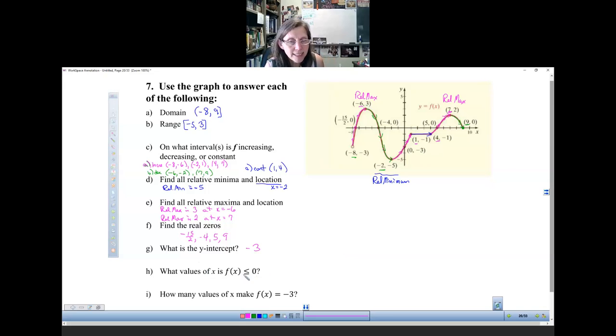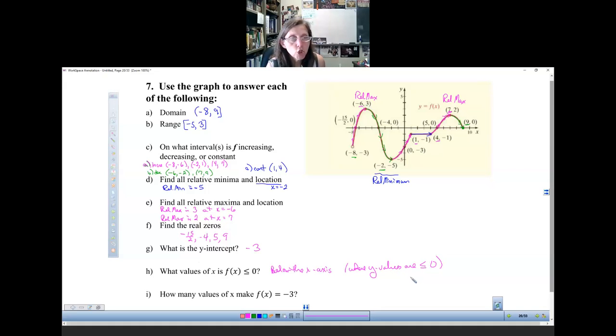Another way to say this is below, that's a B, below the x-axis, because that's where the y values are less than or equal to 0.